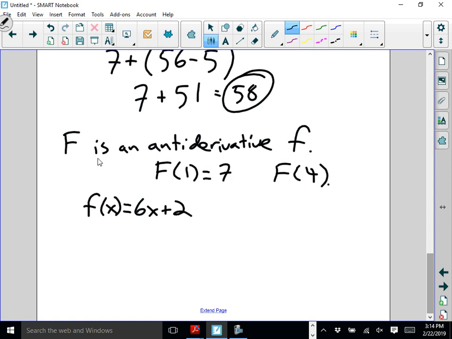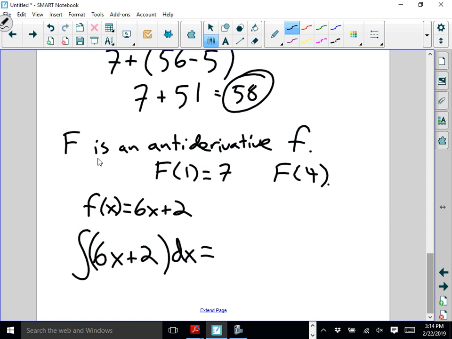What I'm going to do now is, to get an antiderivative, do an indefinite integral. So I'm going to integrate indefinitely 6x plus 2 dx. Now when I do it this way, what do I get for an answer? Well, the antiderivative is the same.